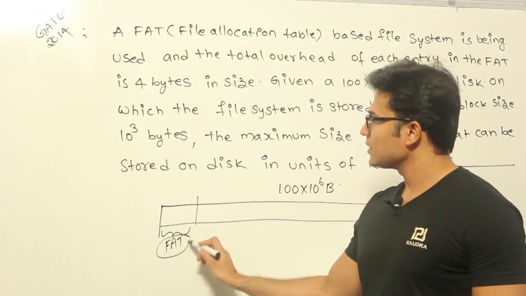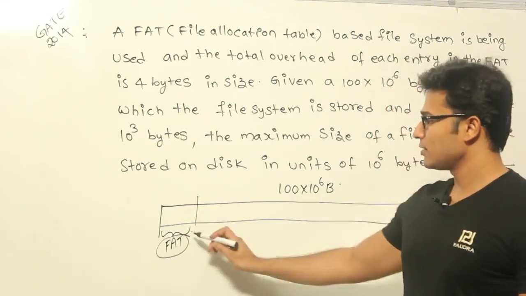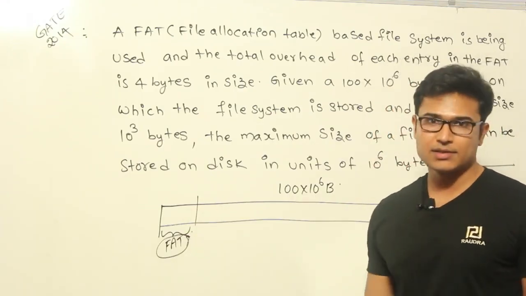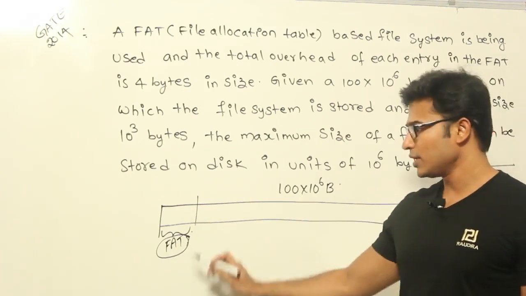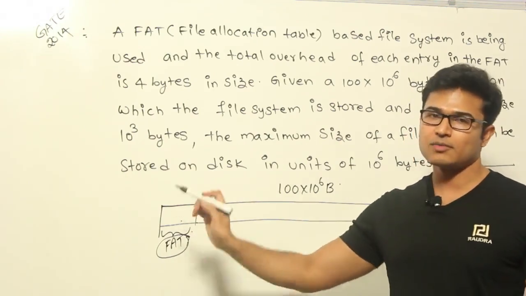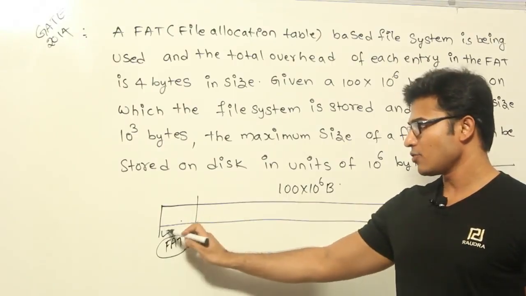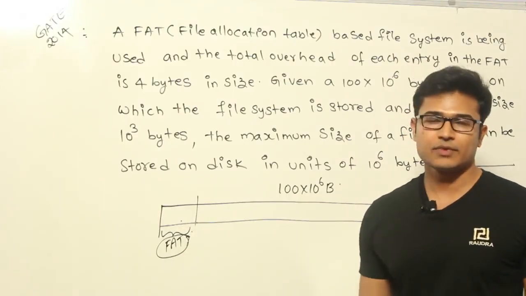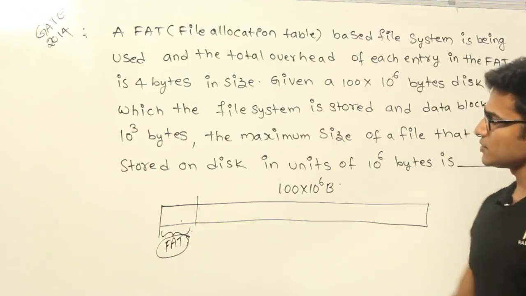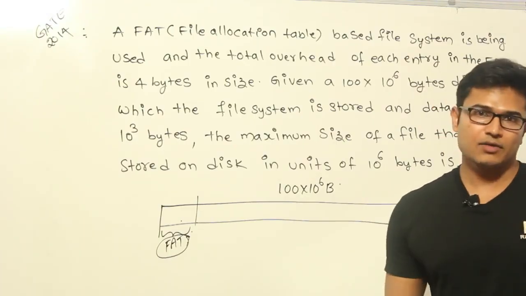Initially this file allocation table should always be present in the hard disk, and whenever we need it we are going to fetch it into the main memory. So while booting up the system we get the FAT into the main memory, and anyway you have to maintain a copy of it in the hard disk as well for permanent storage. Got it? Okay, now some space is going to be taken by the FAT.